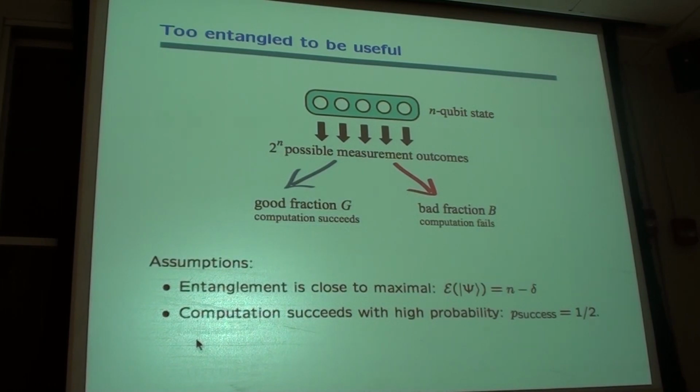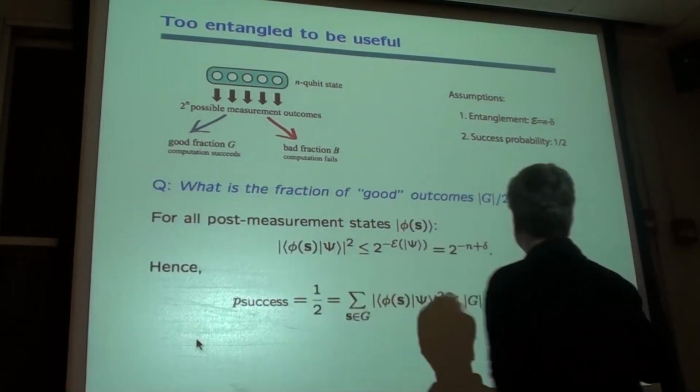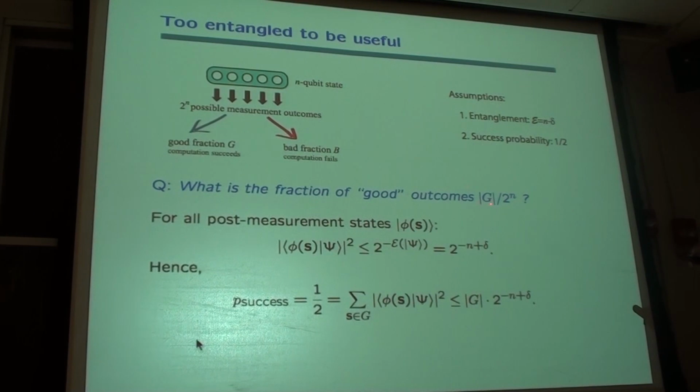So these are the only assumptions that we are making. And now the question that we are asking is, what is the fraction of good outcomes? The total number of outcomes is 2 to the n, and the good outcomes are where the computation succeeds, and we are asking about this ratio.